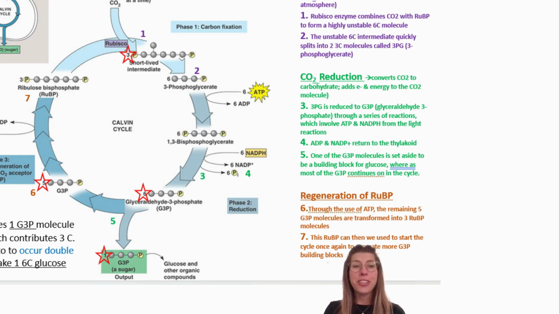So now we can see at the very bottom there, number 5, that one of the G3P molecules is set aside to be a building block for glucose, whereas the remaining 5 of the G3P continue on in this cycle. So I'm going to pause here for a moment because you're probably saying, wait, I thought only one G3P molecule is being made, right?